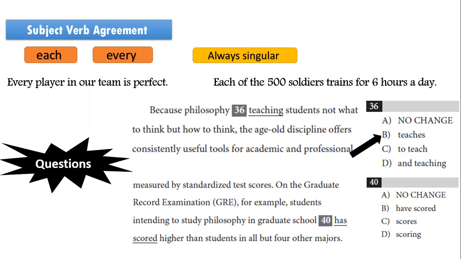It needs to be changed. Where is the subject? The subject is students, and the word students is plural. In that case, we go for B, have scored. Very, very good, guys.